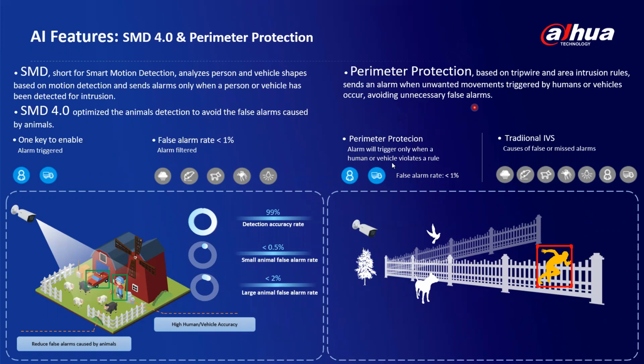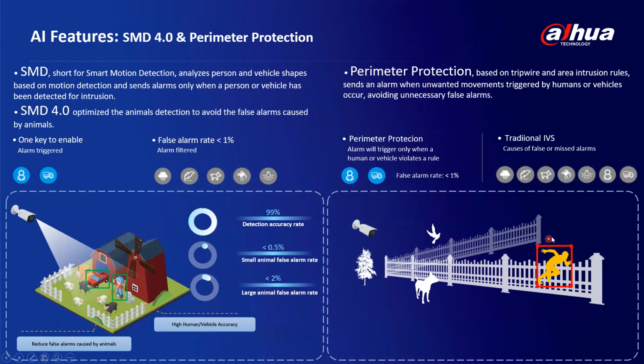So in this case, the perimeter protection again will work based on the smart motion detection. And this is a smart protection, implying that it can filter those alarm triggers based on these two filters here. Unlike the traditional IVS, whereby any of these elements could trigger the alarms.